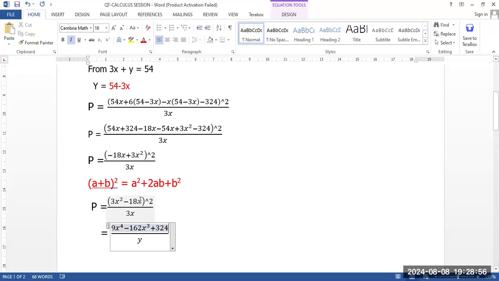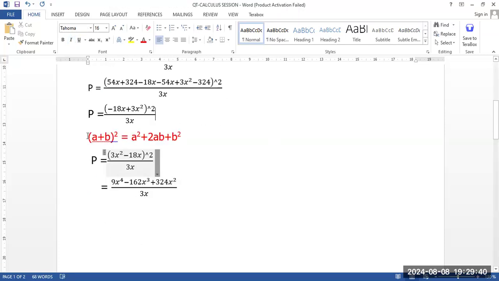What will be your x squared? This will be x. If we get x times x, that will be x squared. Then everything over 3 times x. I am using the same concept here.